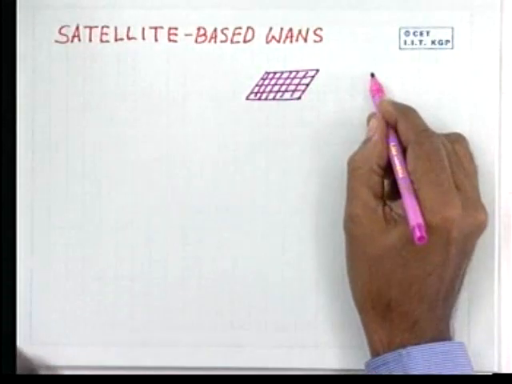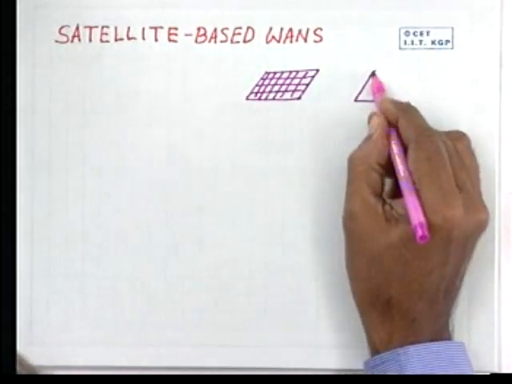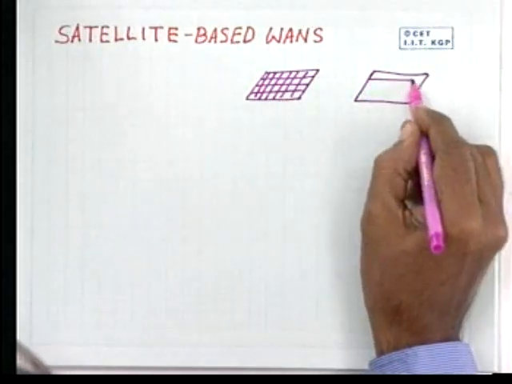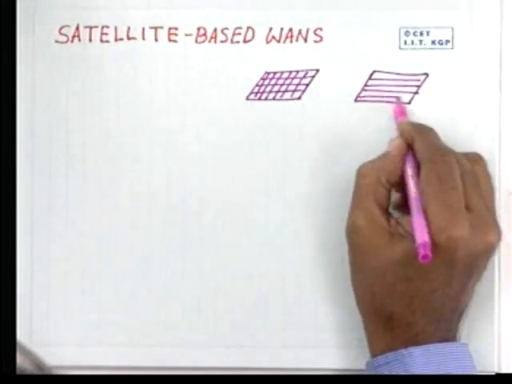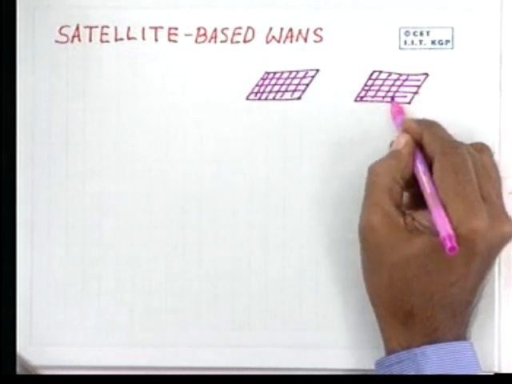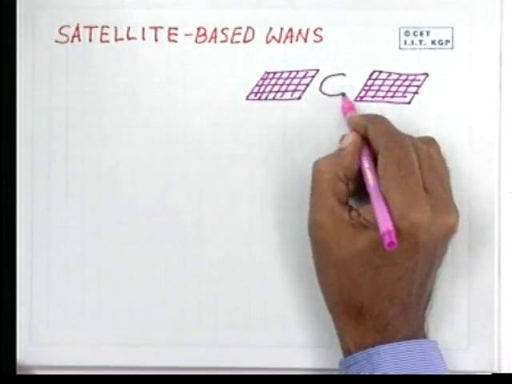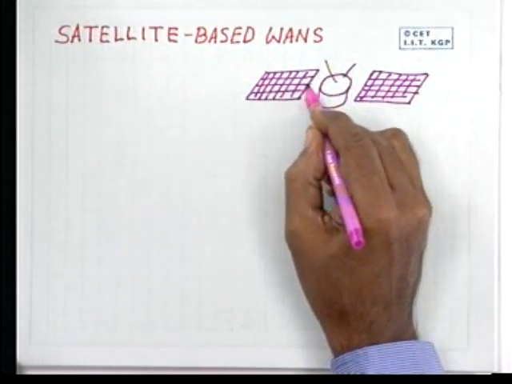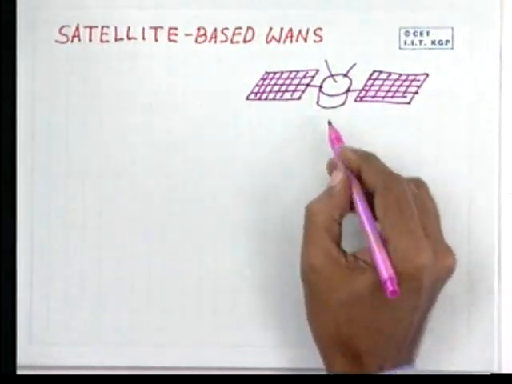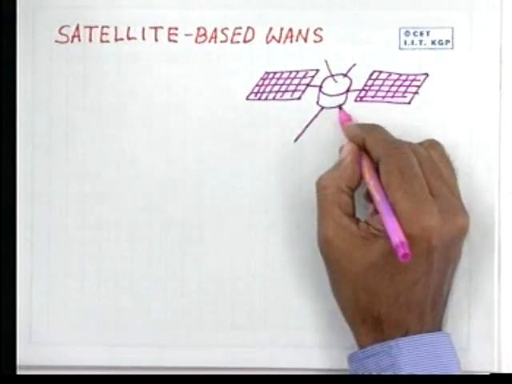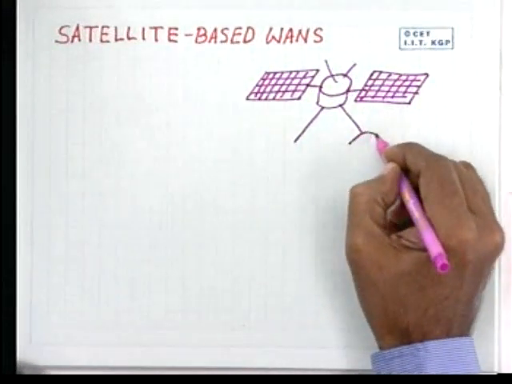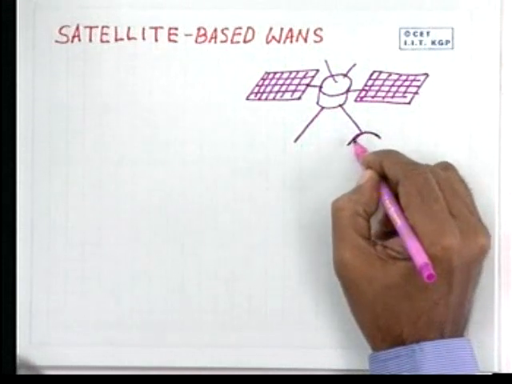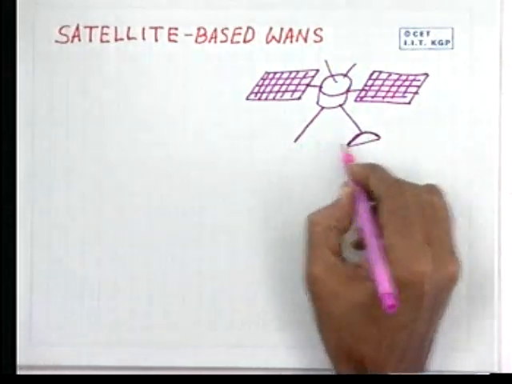These are the solar panels which provide power to the satellites. And the main equipment is here. Now it has got several transponders. So this is one transponder, a disc-like antenna, as you have seen.